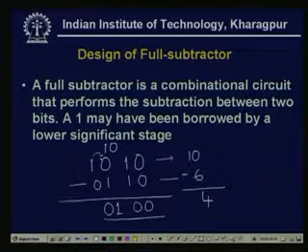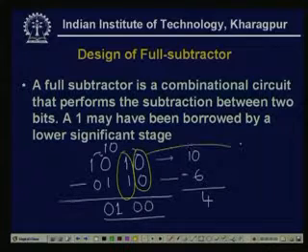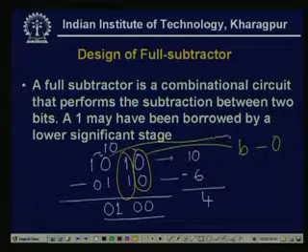See here, for these 2 bits nothing has been borrowed, so the borrow bits are 0, but for that third one, the borrow is 1.